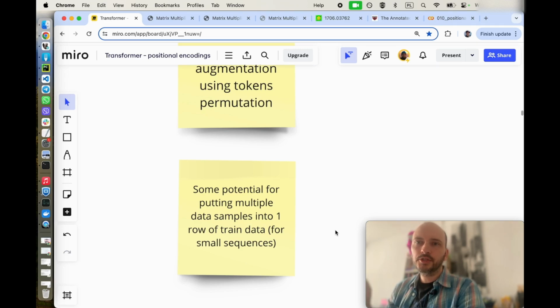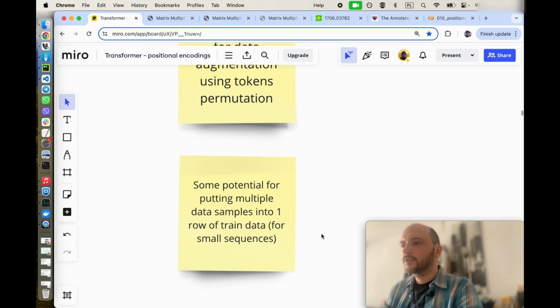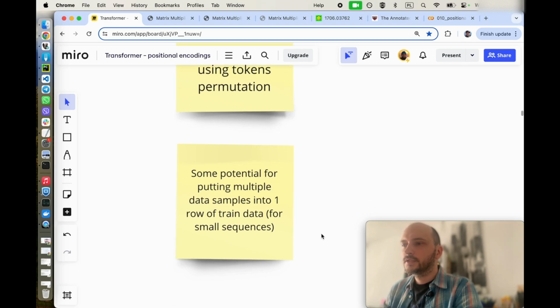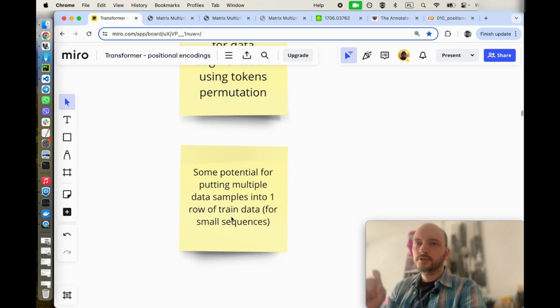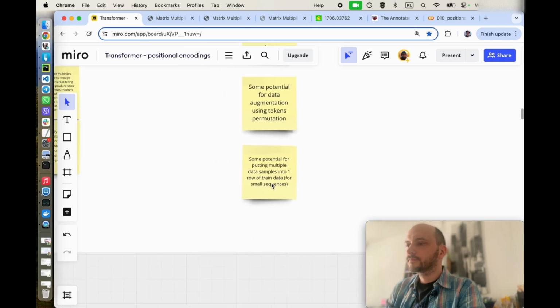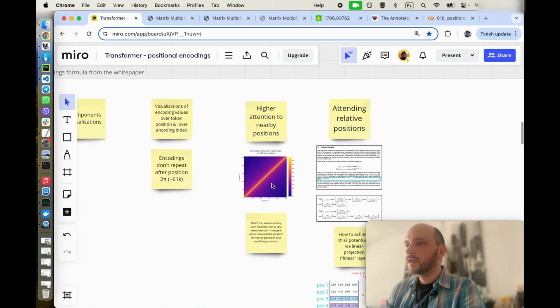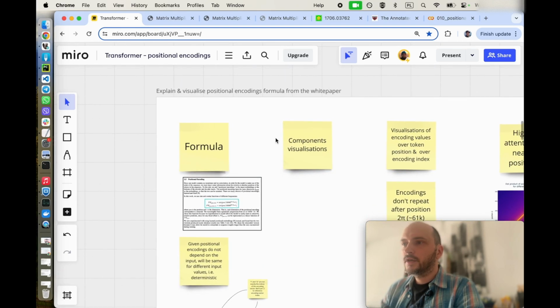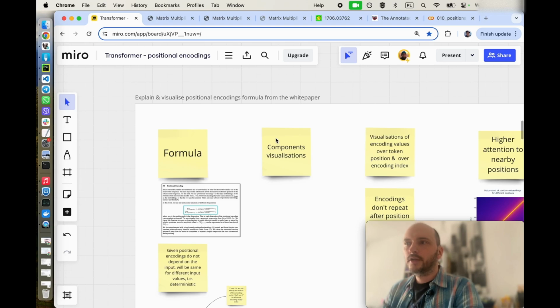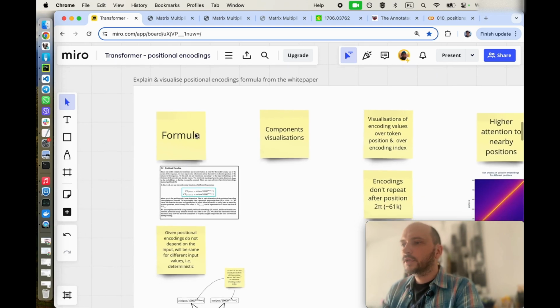So we will need to play with the mask in the attention a bit, but it's possible, and I'm not sure if somebody has done that, but there is also some potential for that. In this case, if positional information is stored inside embeddings, then we can just do that.